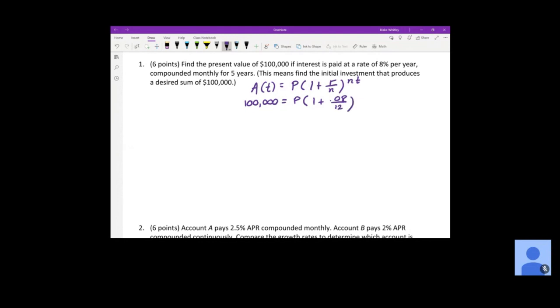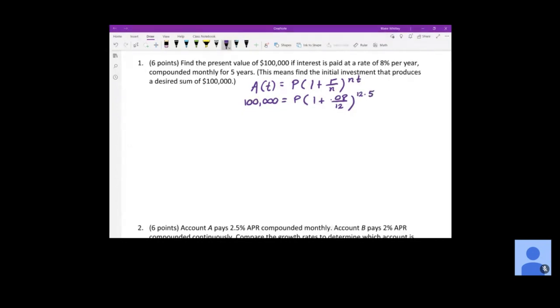And then we use that same N value in the exponent times, what's our T value going to be? Good. So 5 years, so T is 5.